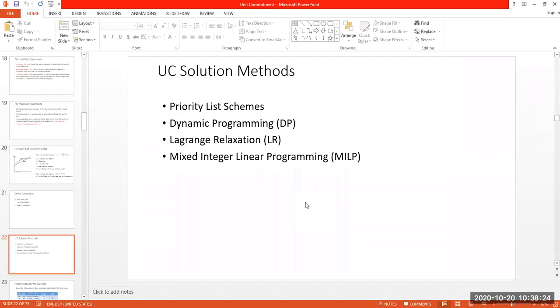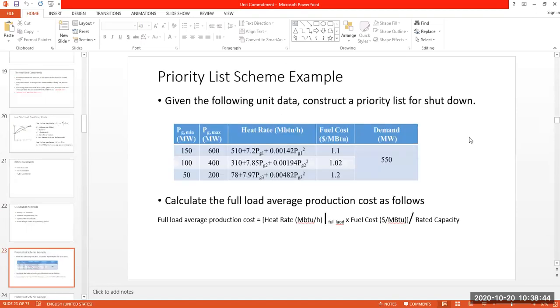But besides this, there could be other methods, like the nature-based optimization methods for solving this sort of unit commitment problems. But in this course, we'll be talking about the priority list schemes and the dynamic programming schemes in detail.